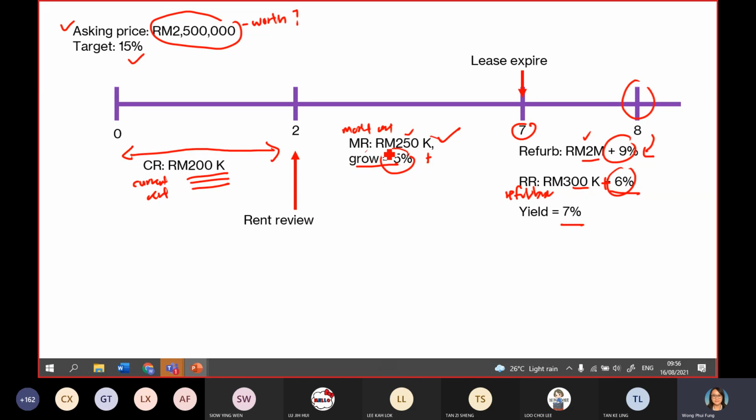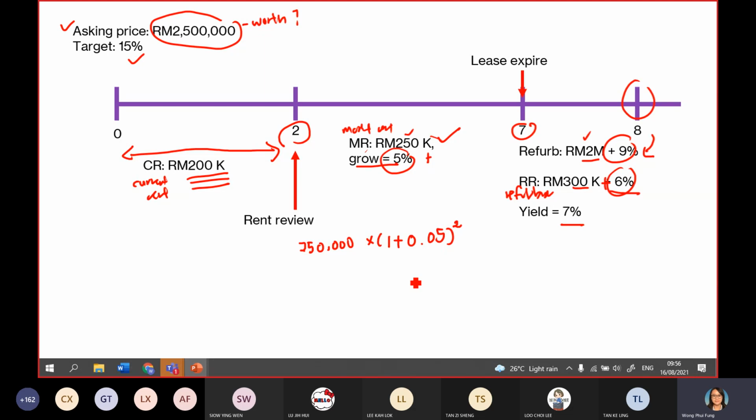Here, start to have rent review. You are going to collect 250,000 plus the 5%. So how to calculate is you use 250,000 times 1 plus i, where i is 5%. In how many years' time you are going to collect this market rent? In 2 years' time. That's why n is 2.